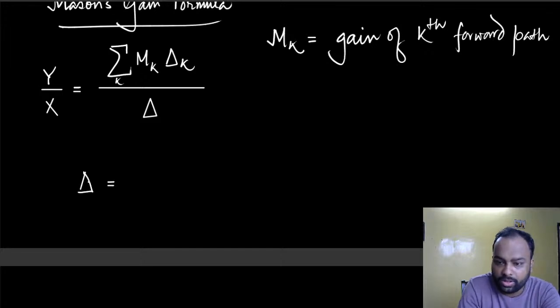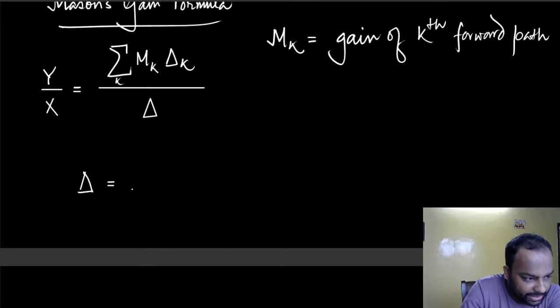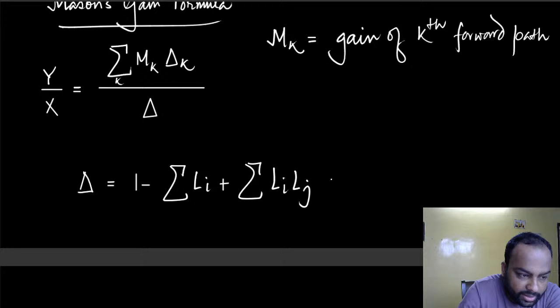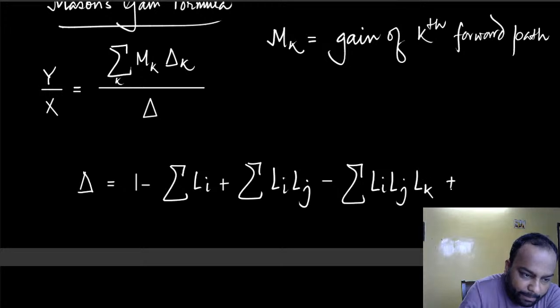For example, delta is something like 1 minus summation li plus summation li lj minus summation li lj lk plus and so on, like that.